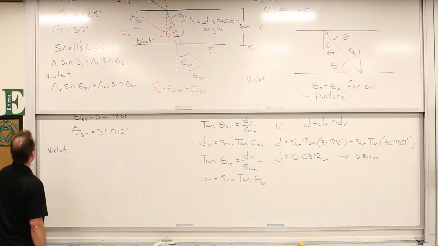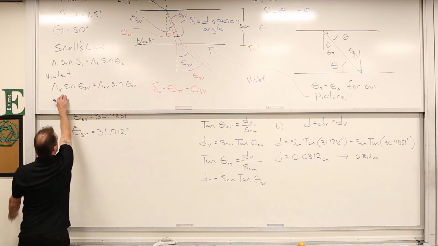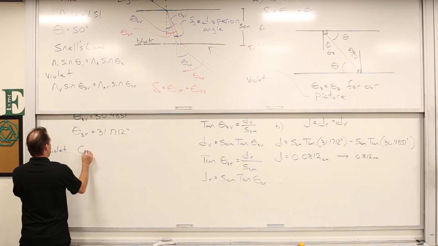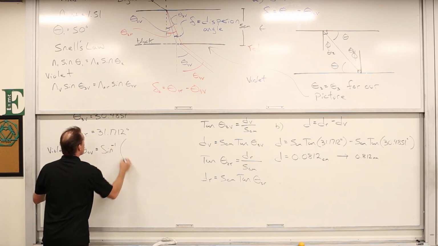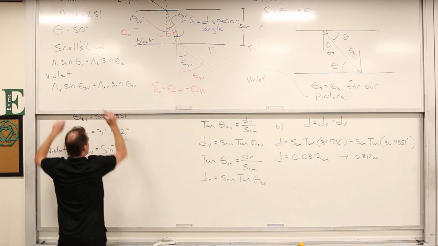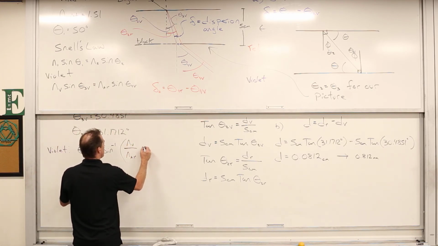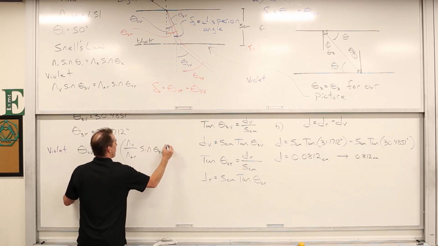We've got that theta 4 violet is what we want to solve for. So move the n over to this side, take the arc sine of both sides, and we've got theta 4 violet is equal to the arc sine of n sub violet divided by n sub air times the sine of theta 3 violet.